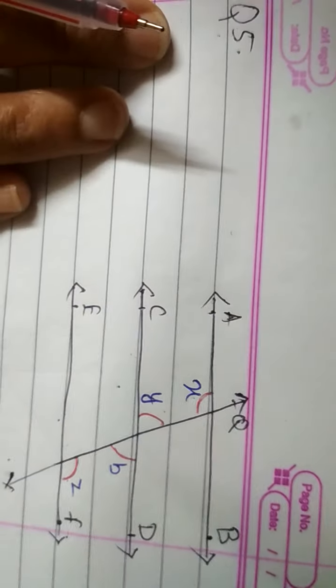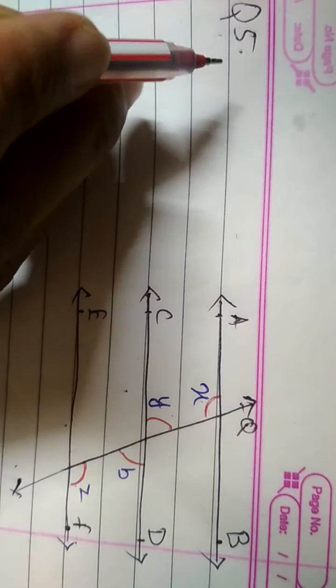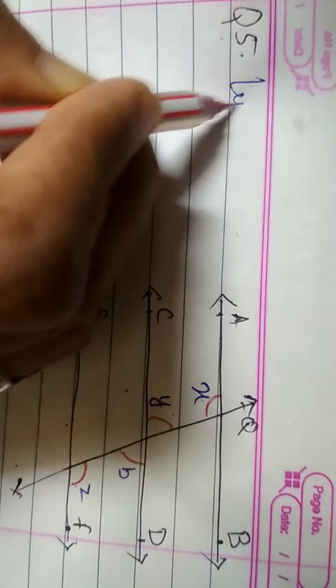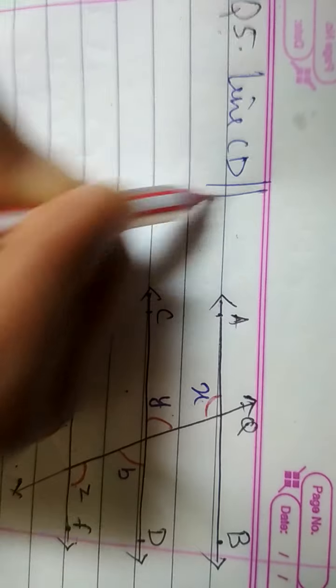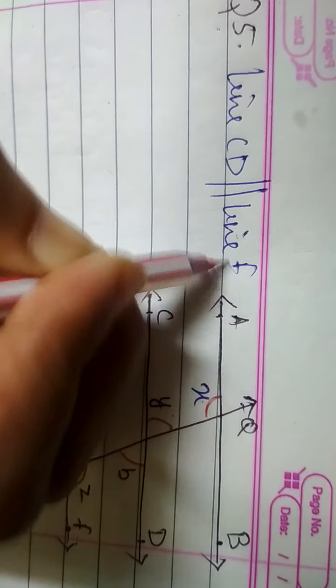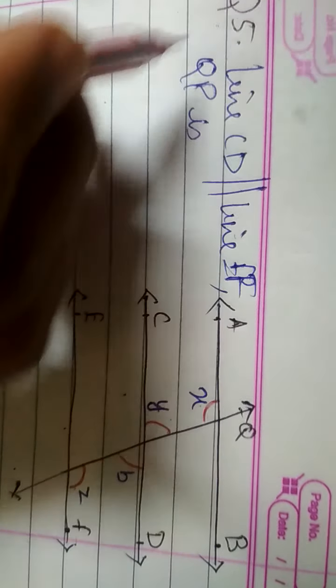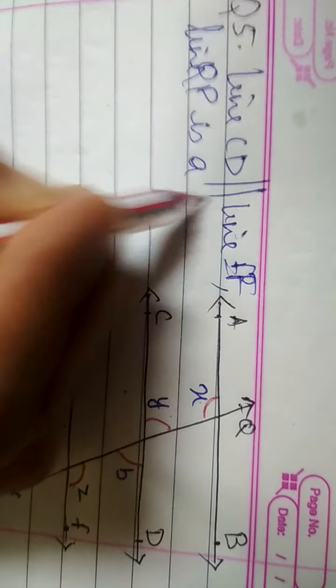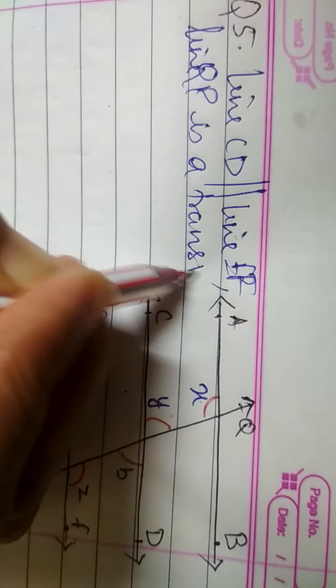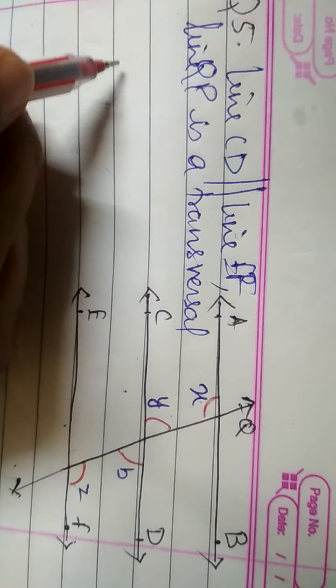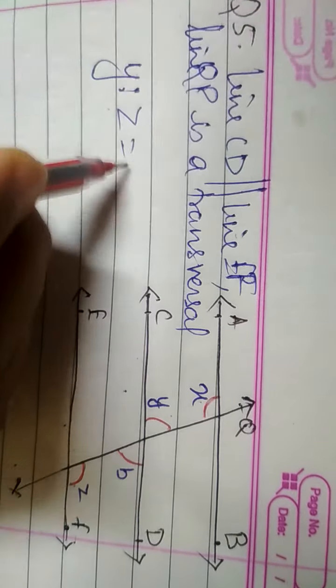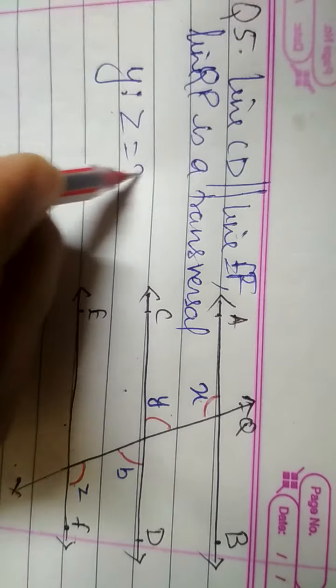So now we will start with the solution. Line CD is parallel to line EF. It is given. And line PQ or QP is a transversal. It is given in the question by the diagram. So Y : Z is given 3:7.